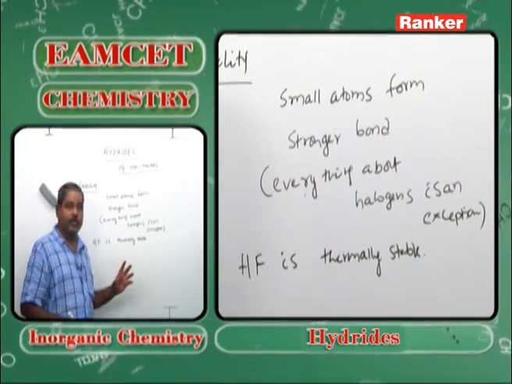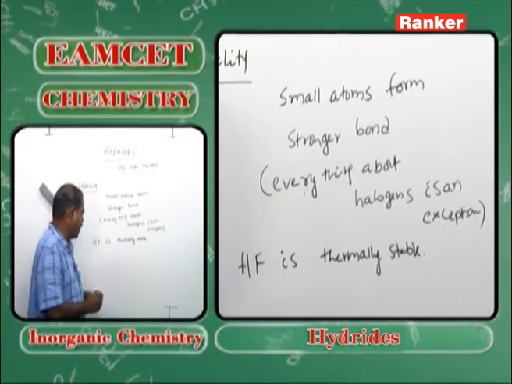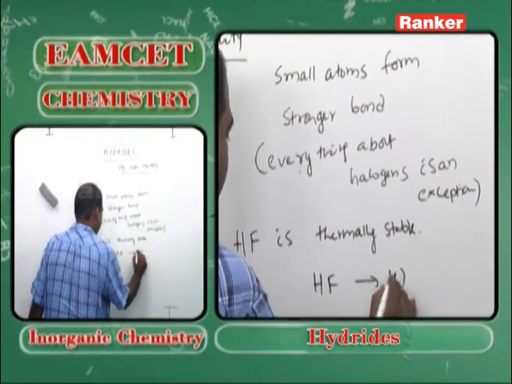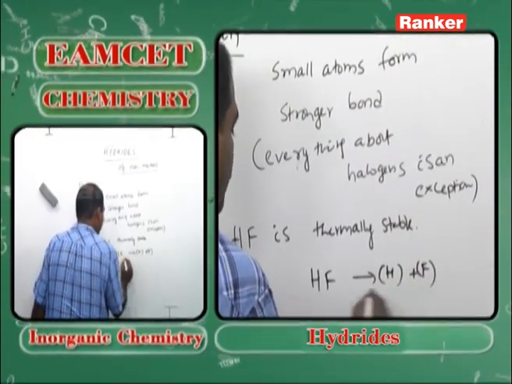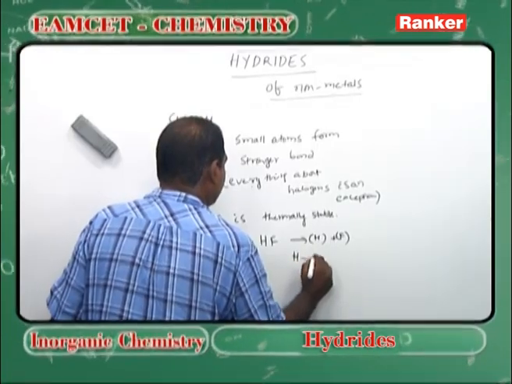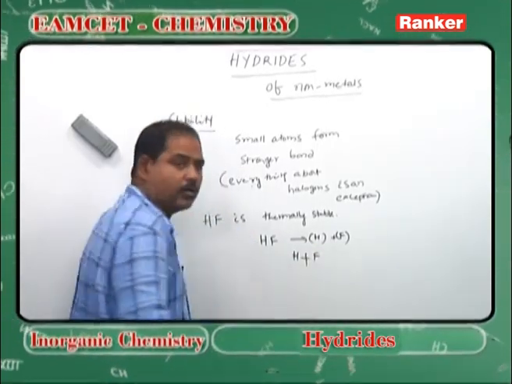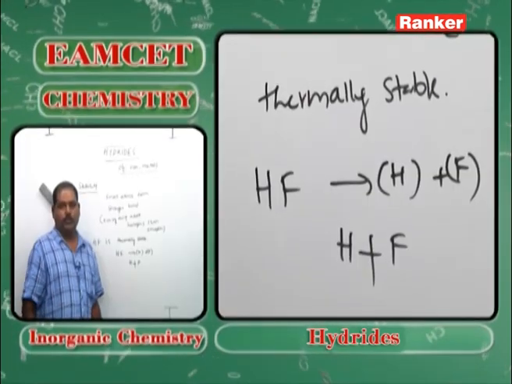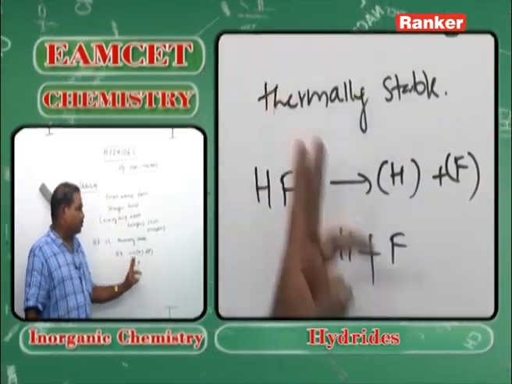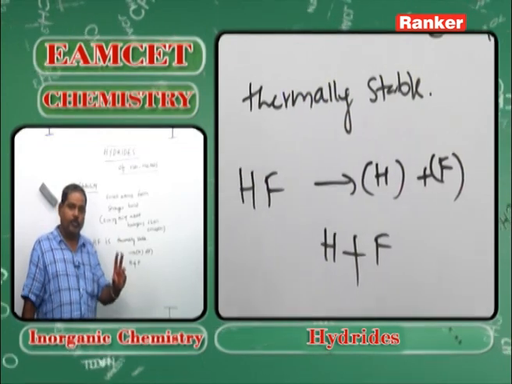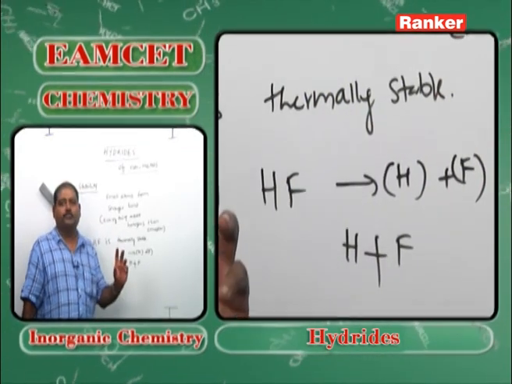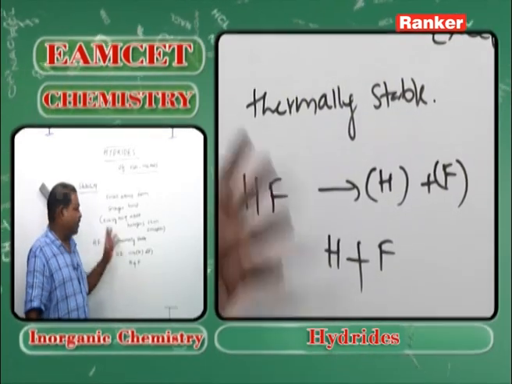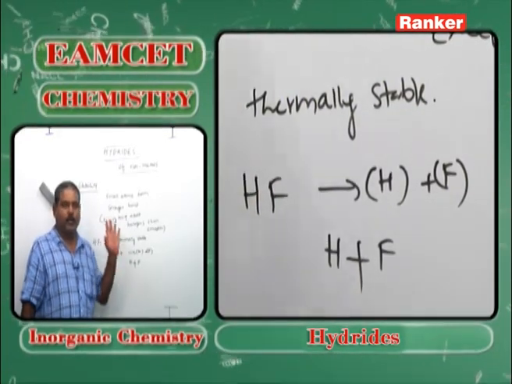Even at a very high temperature, it doesn't break into hydrogen and fluorine atoms easily. Why? Because the HF bond is very strong. It is a highly polar bond. Small atoms form stronger bonds, and a molecule formed by smaller atoms on heating doesn't decompose easily. Therefore, it is said to be thermally stable.